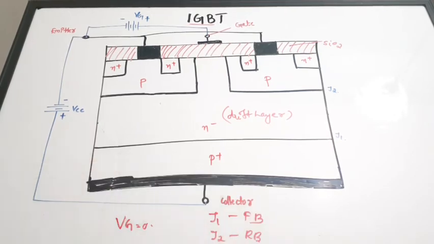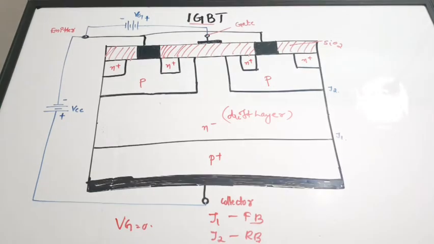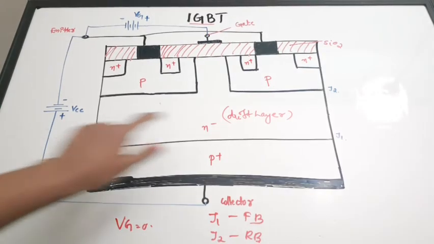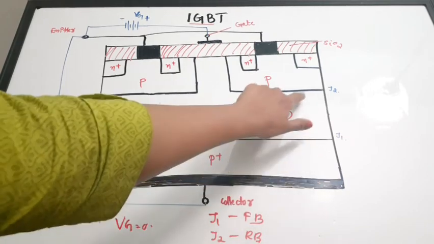Due to the presence of this reverse biased J2 junction, there will not be any current flow generally happening, but there will be some slight value of current which is constituted by the leakage current, which is due to the minority carriers.